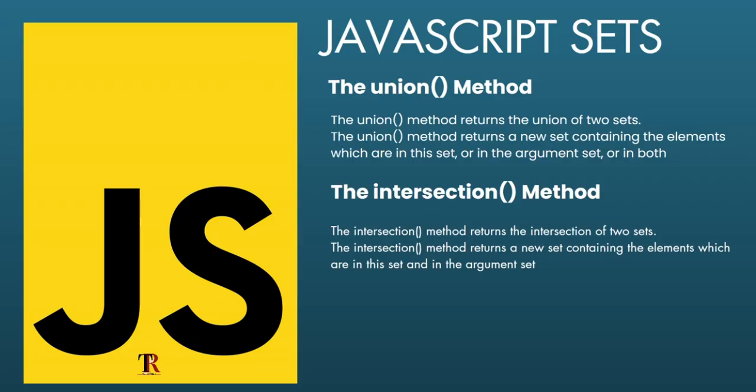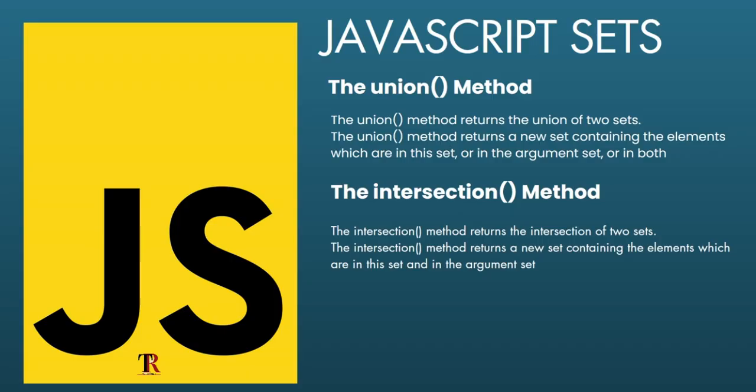So in this lesson, let's quickly take a look at this, bringing it down into the JavaScript programming language and far away from traditional mathematics. Now, the union method returns the union of two sets, which is like when you bring two sets together and combine them. That's when those sets become a union. The union method returns a new set containing the elements which are in this set, or in the argument set, or in both.